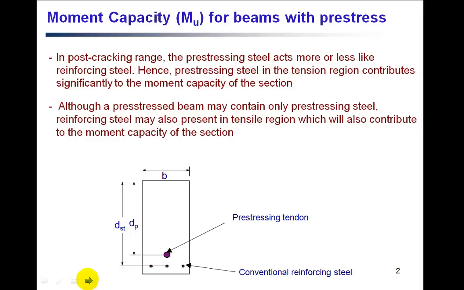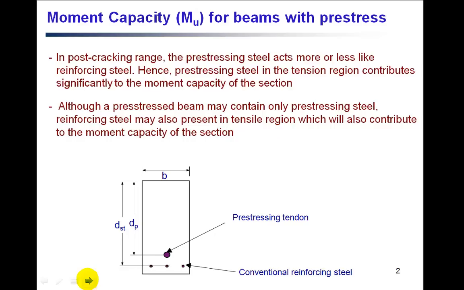In the post-cracking stage, when we are talking about the ultimate capacity of the prestressed concrete beam, the prestressing steel will behave very much similar to the reinforcing steel, and hence the prestressing steel in the tension region will contribute towards the moment capacity of the section.